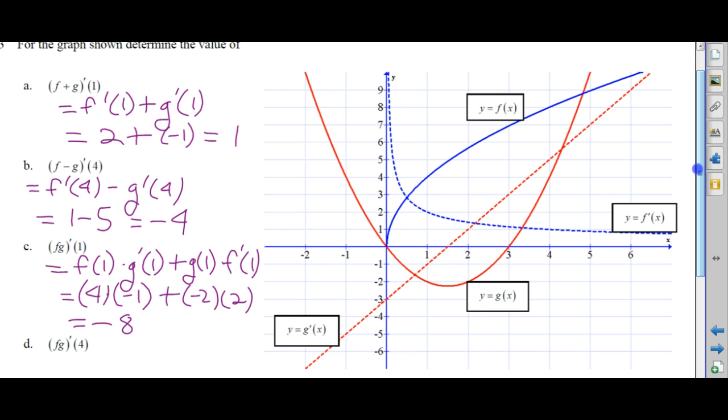So we've got this product, and we want the derivative of a product. What do we have to use? The product rule. Okay, and then f g prime of 4, same deal. Got to use the product rule, but this time it's f of 4 times g prime of 4 plus g of 4 times f prime of 4. So what are the numbers? F of 4, what's that? 8?